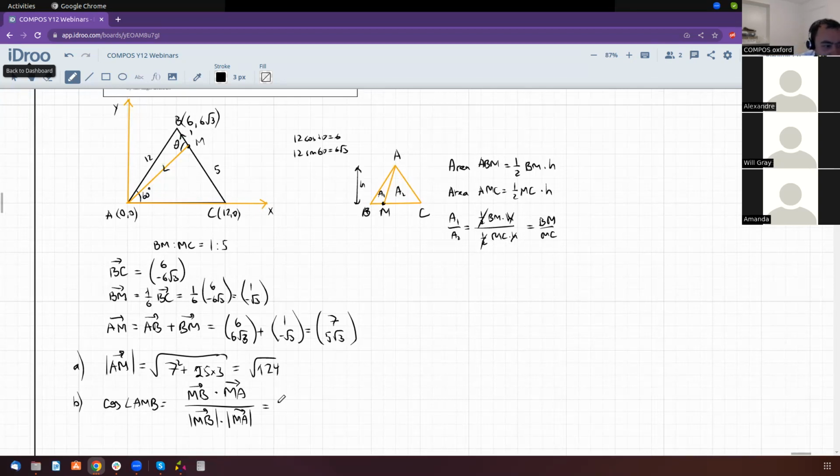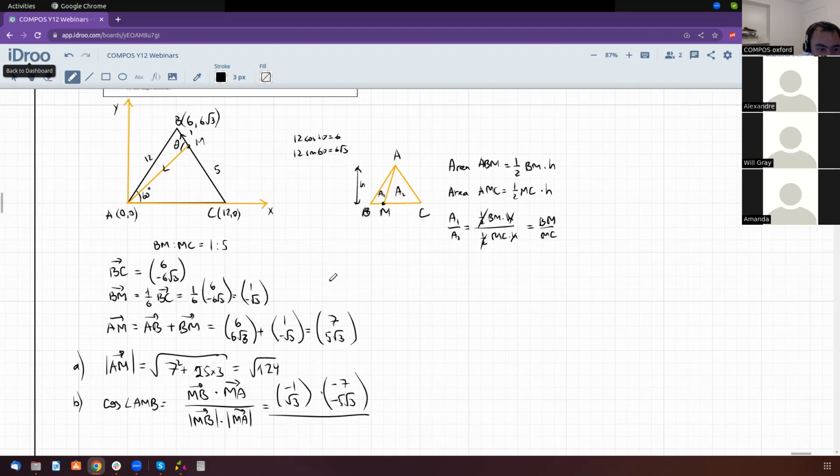So MB is minus 1, square root of 3. So BM is 1 minus square root of 3, and MB is the opposite. Multiplied by MA, which is minus 7 minus 5 square root of 3, divided by modulus MB times modulus MA.